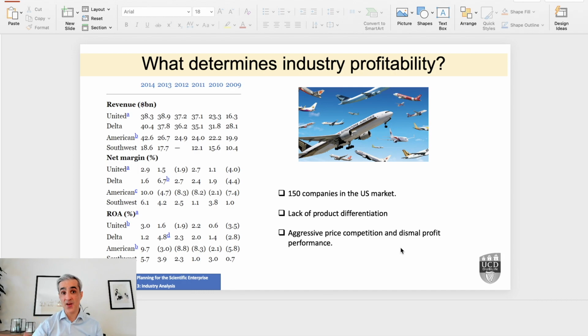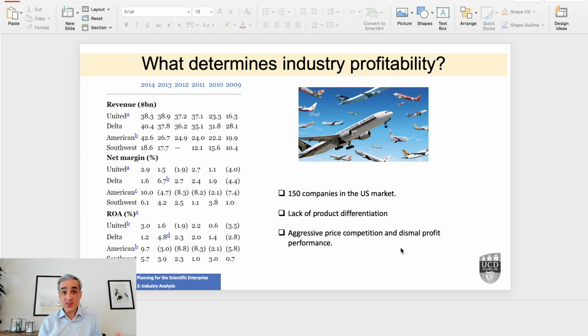Because there are 150 companies offering more or less the same service. And the same thing as well when it comes to your suppliers. Sometimes, even in the petrol industry, the oil industry, you don't have a lot of control. Prices when it comes to petrol can go up quite a lot based on geopolitical reasons, and airlines have very little control over how much they pay for petrol.